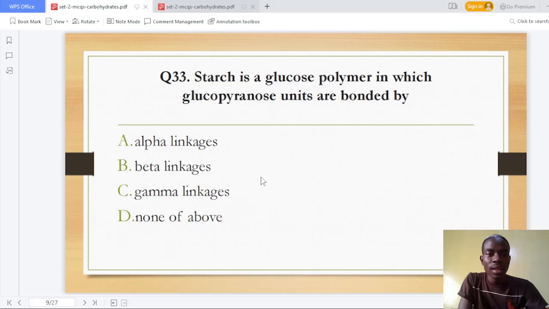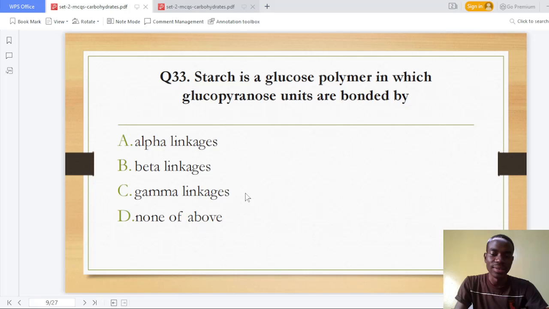The best answer is A. It is simply alpha linkages. Those are the ones by which glucopyranose units are bonded in the glucose polymer.